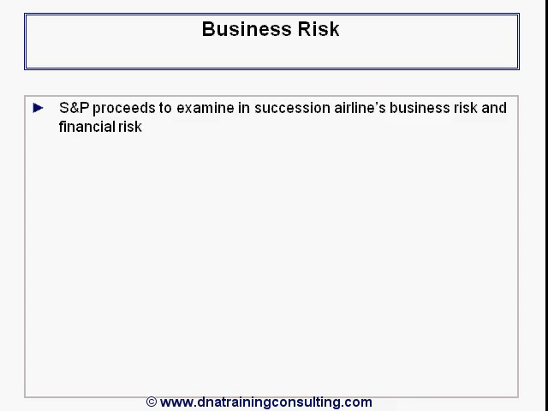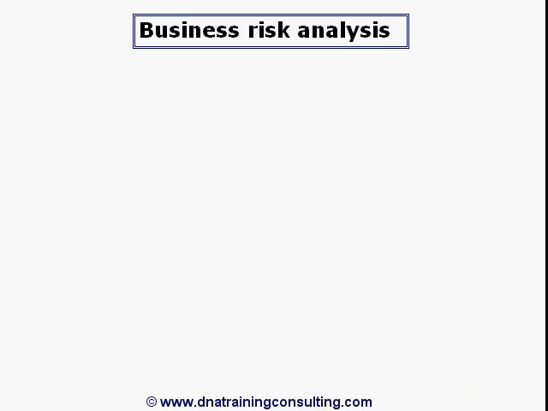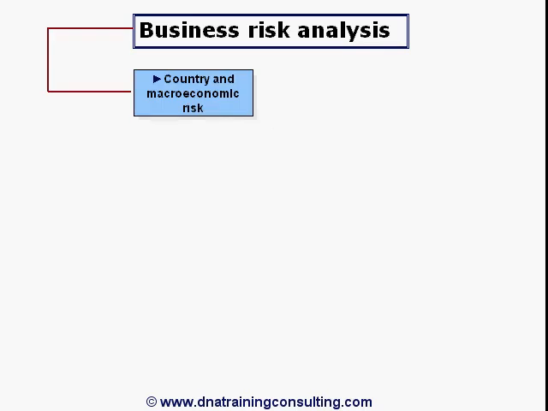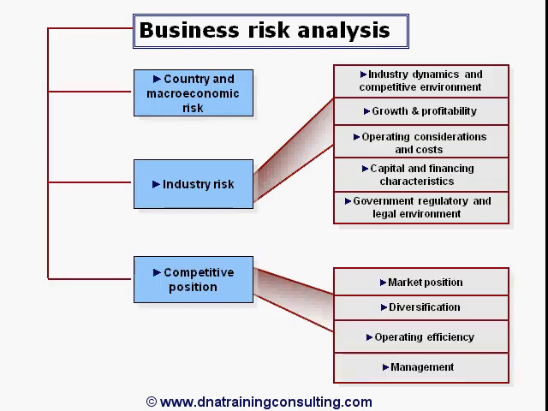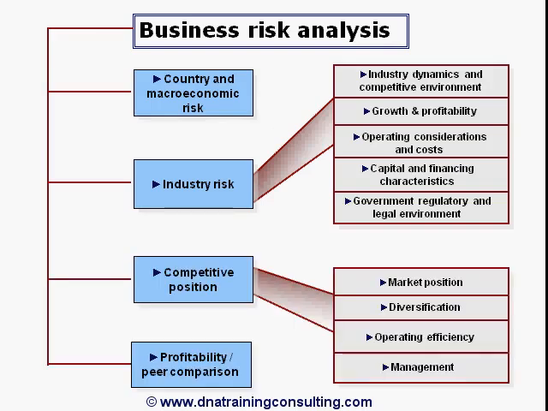S&P then proceeds to examine in succession the airline's business risk and financial risk, breaking each down into a series of subtopics illustrated in the charts about to appear. Business risk is subdivided into 4 categories: country and macroeconomic risk, industry risk, competitive position including management, and profitability/peer comparison.